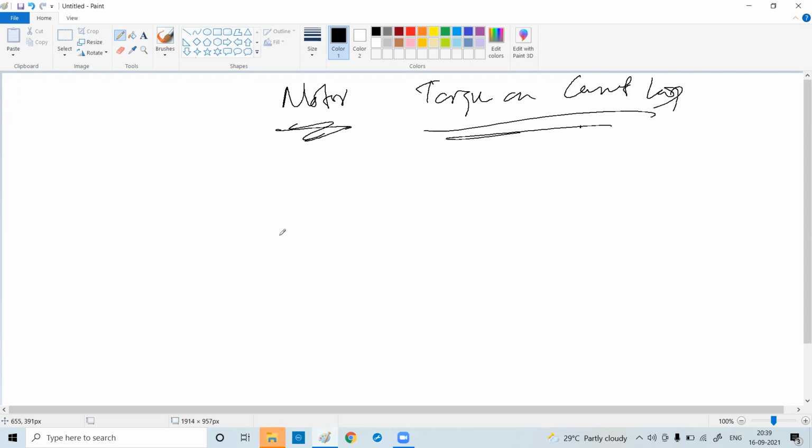Write down. Electric motor is an instrument or a device that converts electrical energy into mechanical energy.